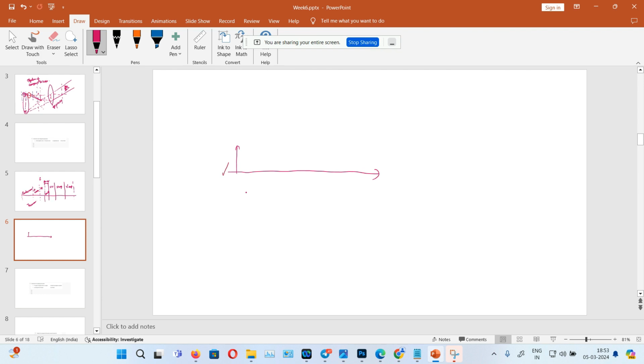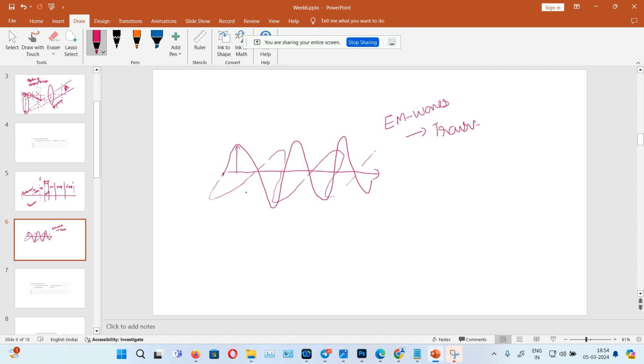In an electromagnetic wave, there is a component of electric field and a component of magnetic field, perpendicular to each other, and both are perpendicular to the direction of propagation of the wave. So EM waves are transverse in nature.